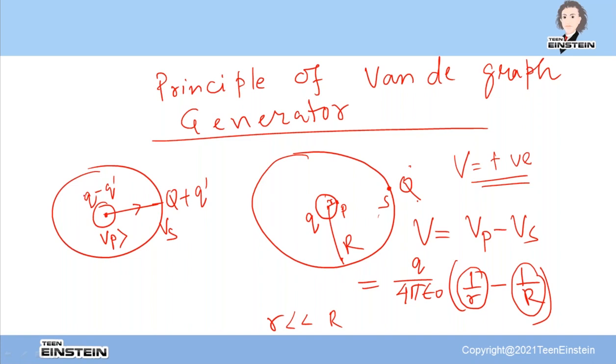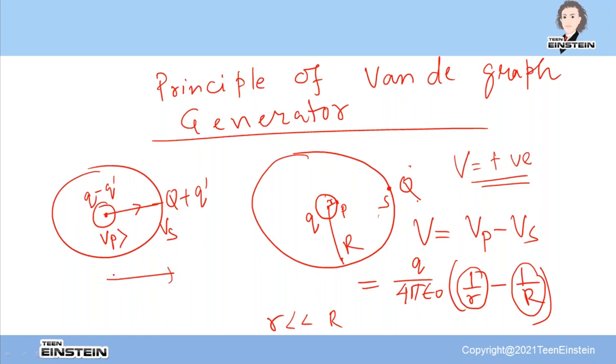And this is how, when there is a charge difference, there will be a huge potential difference developed across this. Around the region, there will be a huge potential difference, or very high electric field will be generated this way.